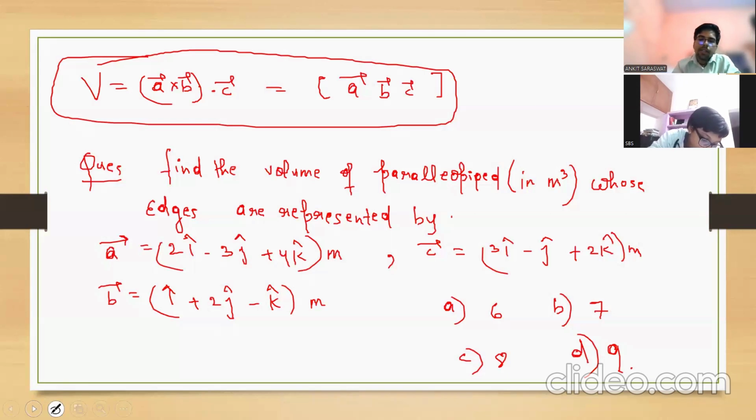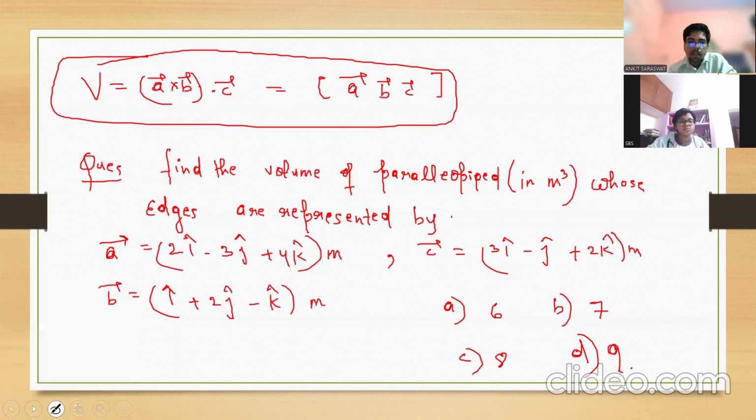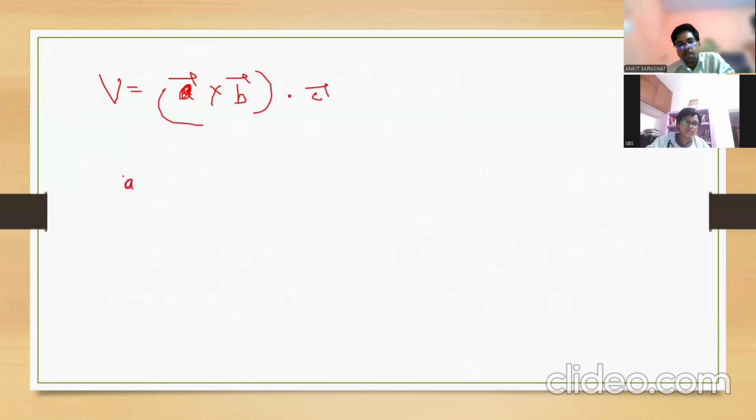A vector is given, B vector is given, C vector is given. You need to find the volume. You can take any two for making the base, like A vector, B vector. How will you do? You need to find volume A cross B dot C. So first find A cross B.